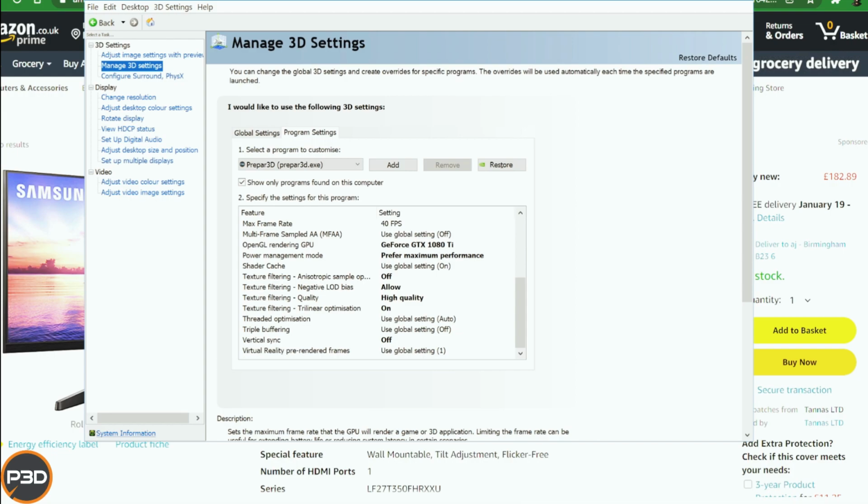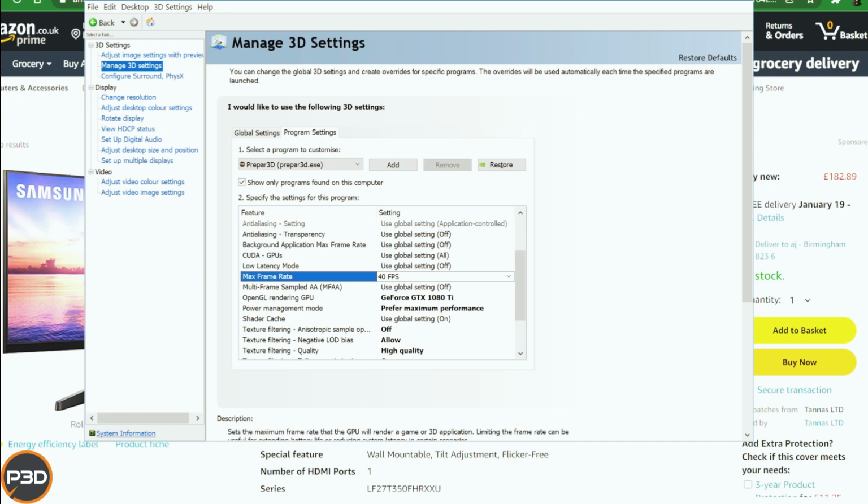So use your GPU to lock your frame rate. You'll find that you can actually match that and maintain it much easier than if you turn this off here and then in the sim set it there. If you set it in the sim, you're asking your CPU to do it. If you set it here, you're asking your GPU to do it. GPUs can do it better.